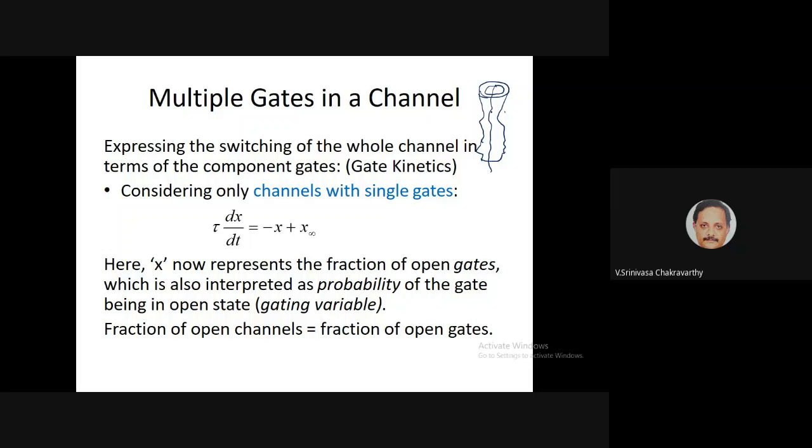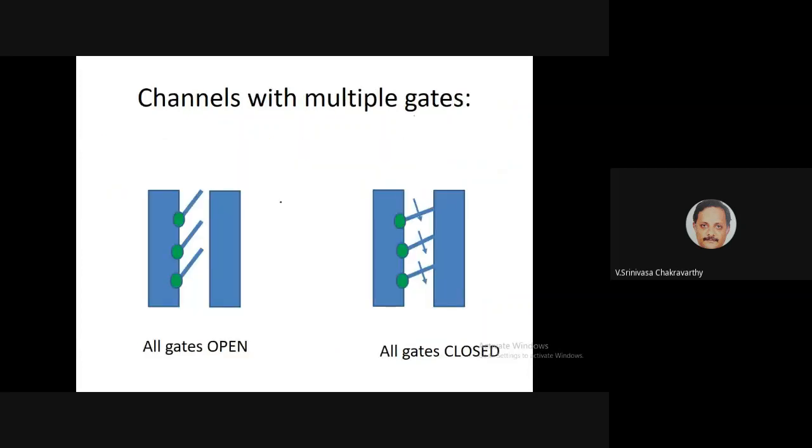To indicate that the dynamics is so complicated that at different parts of the protein, different things happen, they've invoked this kind of fiction called a gate. So now we talk about the opening and closing of gates and not of the channel. We'll relate the open-close dynamics of the single gates to the open-close dynamics of the entire channel.